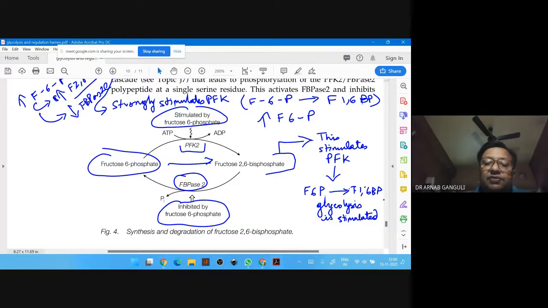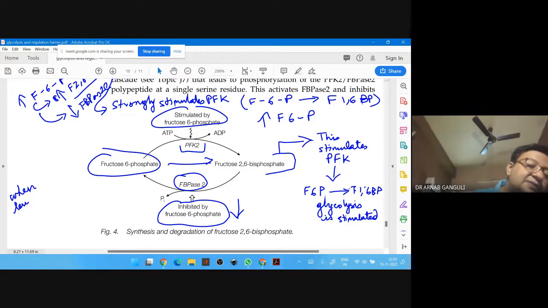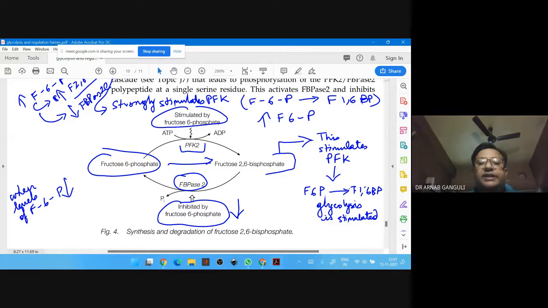But when the levels of fructose 6 phosphate fall down, this inhibition of FBPase is removed.